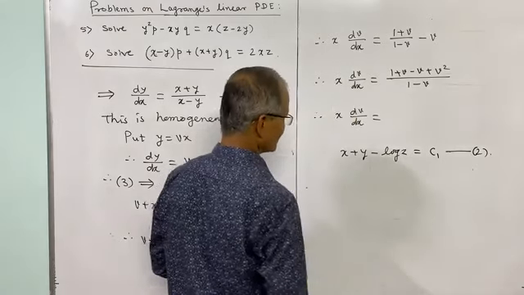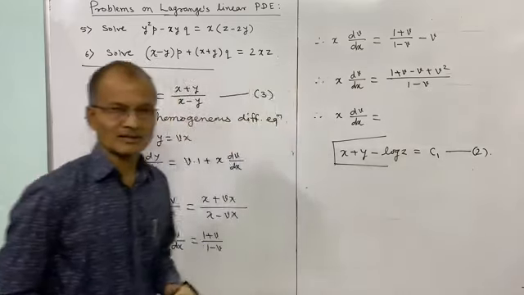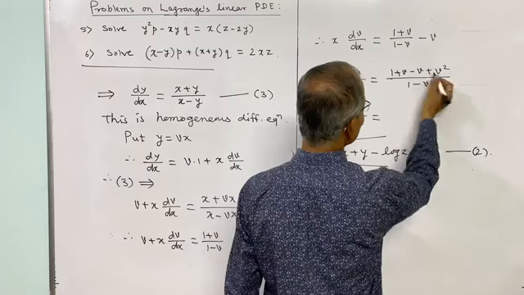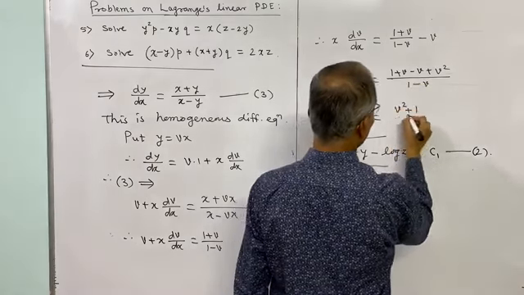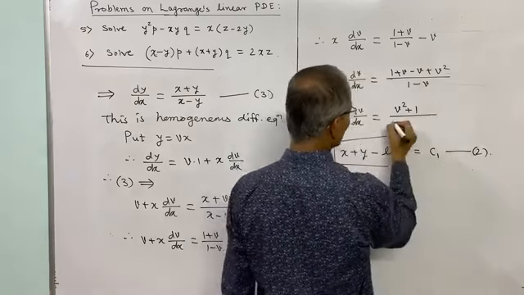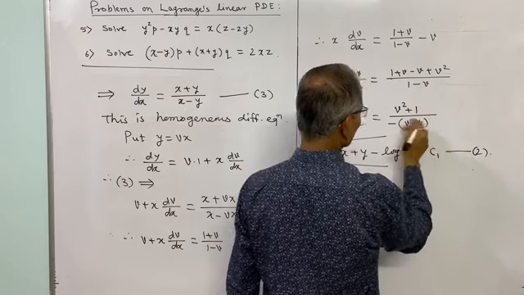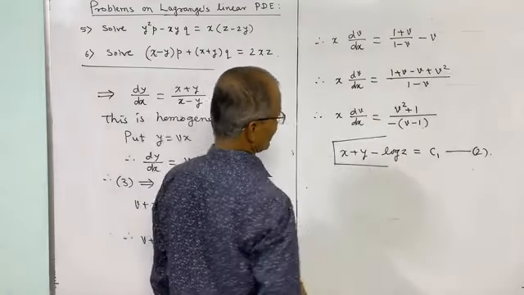So this we need to write the final answer, that is the general integral. And x into dv by dx, here it is (v square plus 1) divided by (1 minus v), or that I shall write minus (v minus 1), and we separate now the variables.